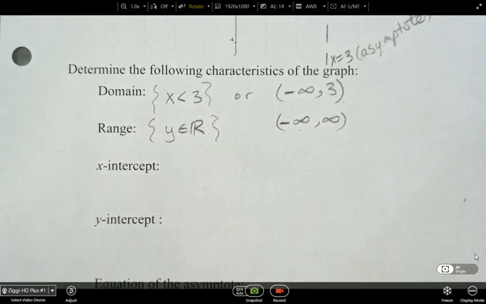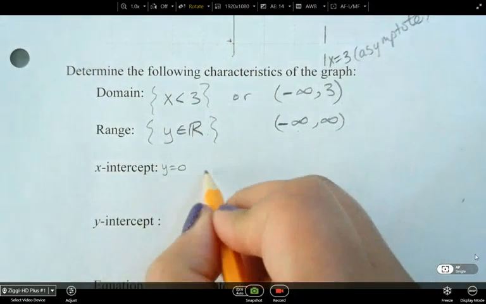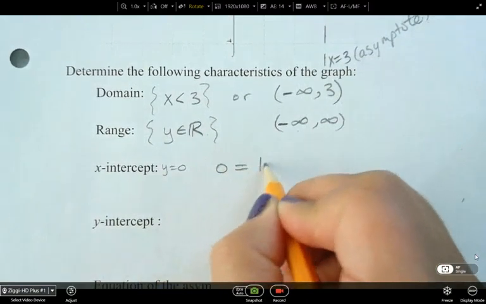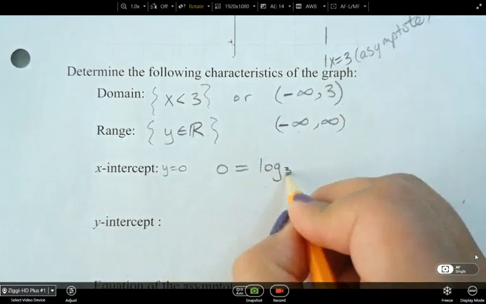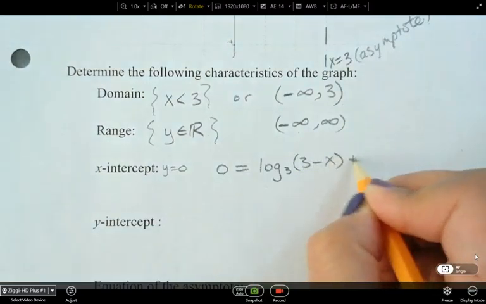All right, now for the x-intercept, what do we know about the x-intercept? That is when y equals 0. Okay, so y equals 0. 0 equals log base 3. So if I'm doing it algebraically, this is the equation that I'm setting up, right?